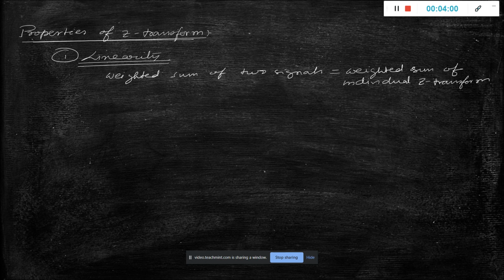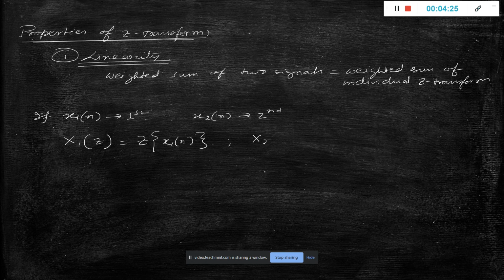ठीक है, तो यहां पे हम लोग क्या करेंगे, दो सिग्नल लेंगे, that is, let x1n be the first input and x2n the second input. Then X1(z) is the Z transform of x1n, and X2(z) is the Z transform of x2n.